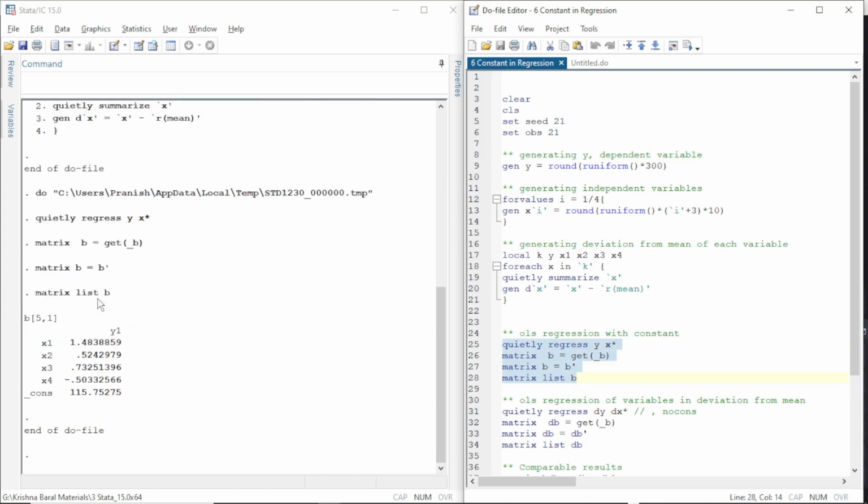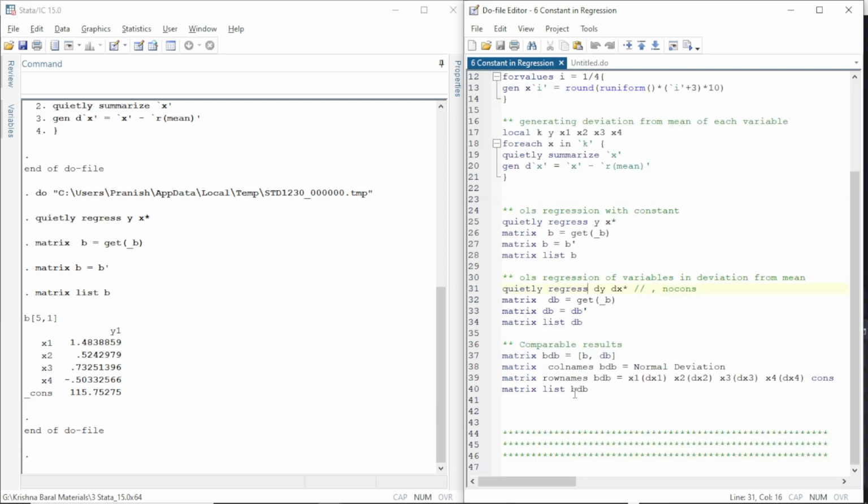In this regression, we have a constant. The value is 115.75, and these are the beta coefficients for the respective independent variables.